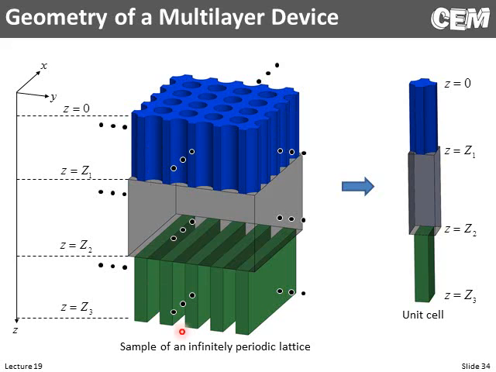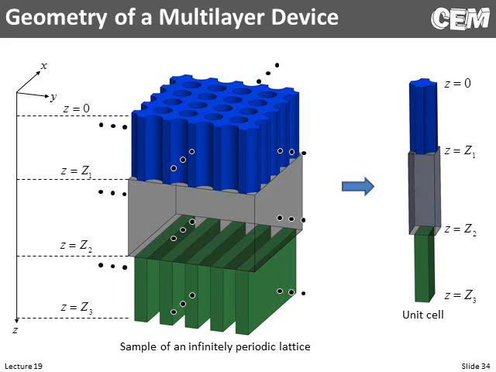So what we're drawing here is a device that we may want to model, and it has 3 layers. So the first thing we'll do is we'll pull out a unit cell of this device. Now, one restriction of rigorous coupled wave analysis is that the period of each layer has to be the same. Now, this isn't strictly true, and there's some weird things that can be done.